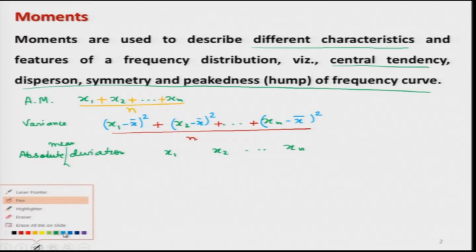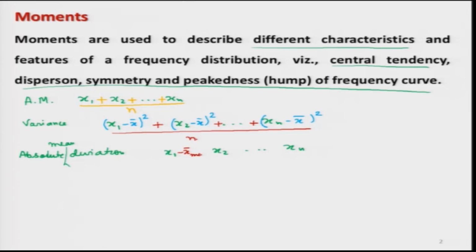Then we simply found the median of these observations and took the deviations from the median, like x1 minus x median, x2 minus x median and xn minus x median. After this, we simply took the absolute value of these things, and then we took the arithmetic mean of these values.